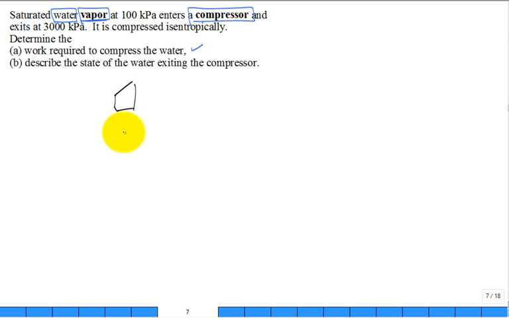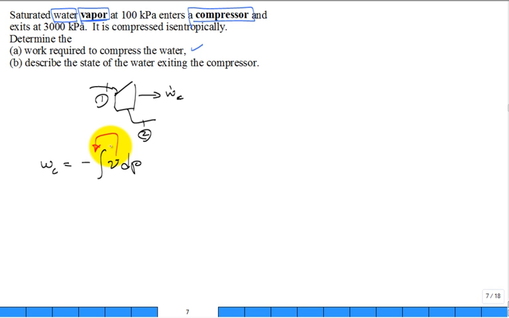Let me try and sketch some stuff out. Here's state 1, state 2, inlet 1, exit 2, and the W dot of the compressor, it'll be negative. So lowercase w compressor. I know we can put the minus the integral VdP. Can I change that specific volume, bring it outside the integral?